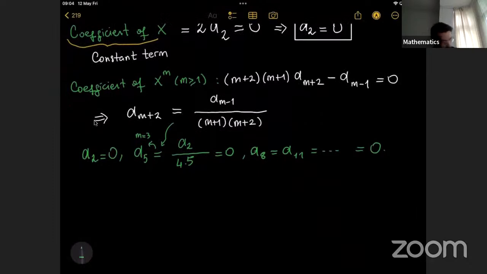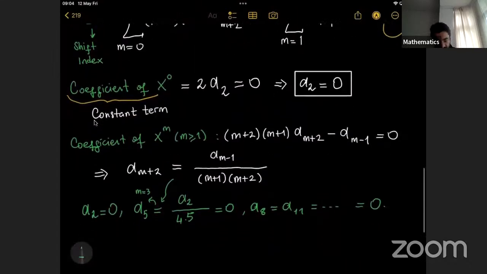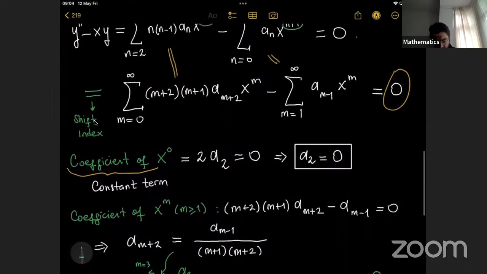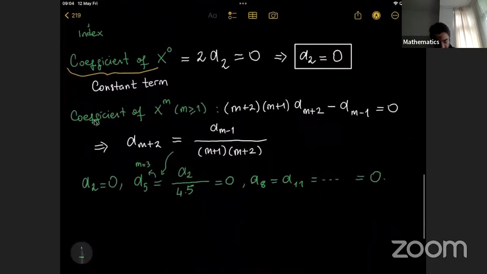What is A1? Well, A1 is not given, and from this relation we cannot find A1. But if M is equal to 2, then we will get A4, right?